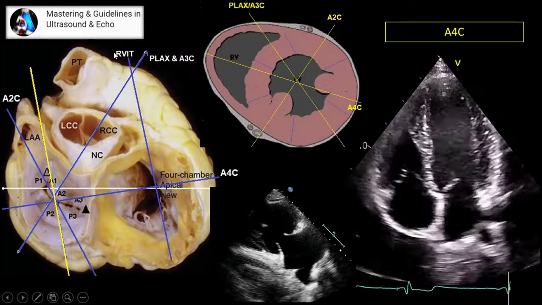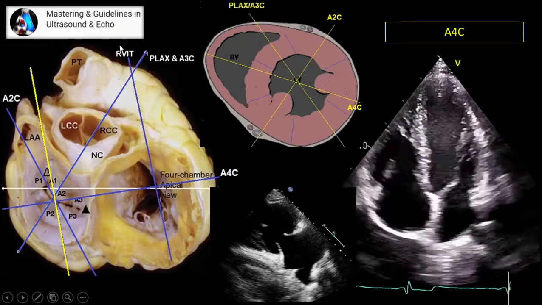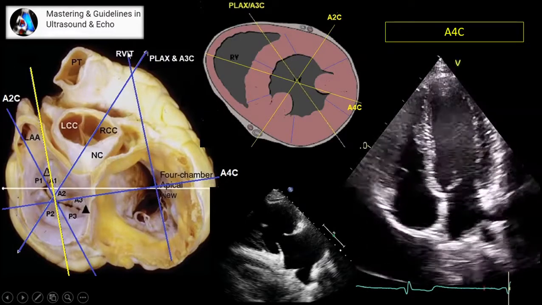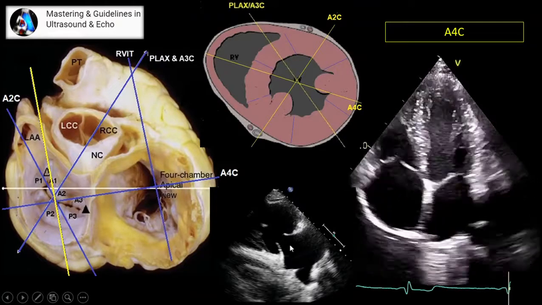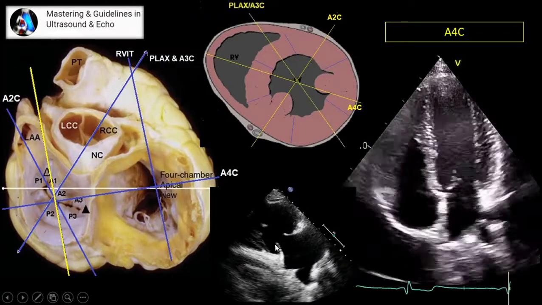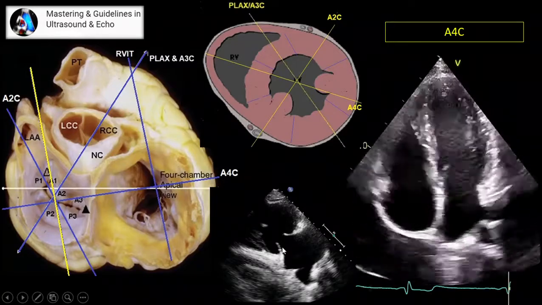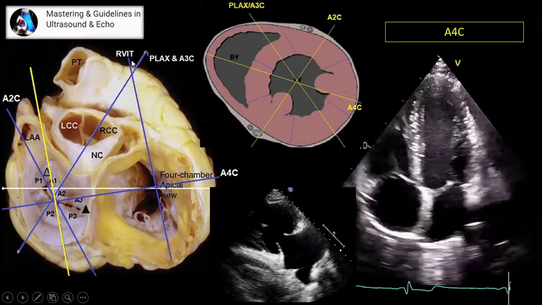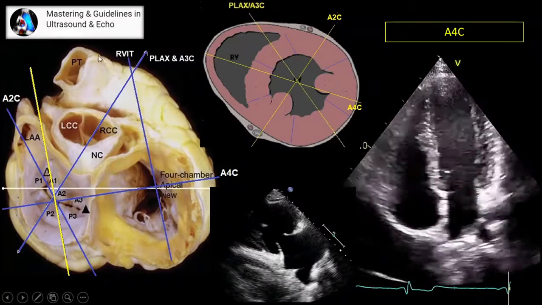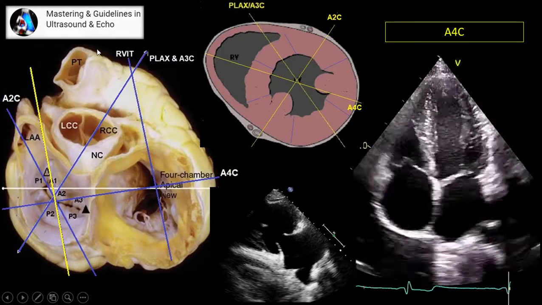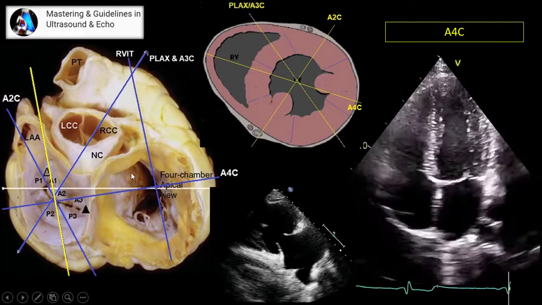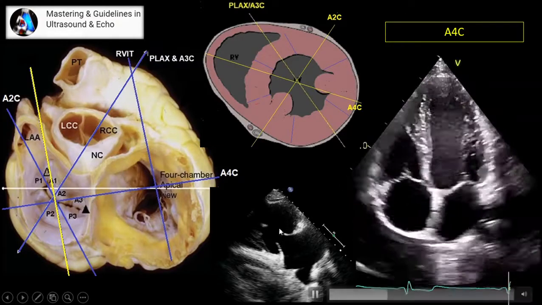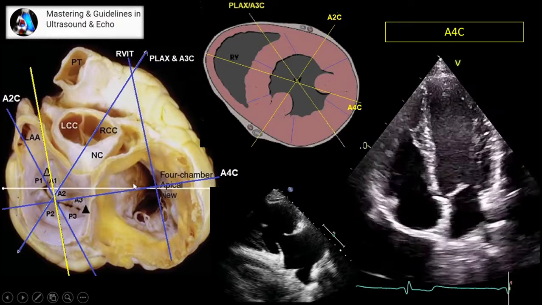Usually, if we are in the right spot, if we just fan our probe toward the left hip of the patient, the posterior one will be the posterior tricuspid valve leaflet. But imagine if your probe is a little to the lateral of the patient and then tilting, the anterior one, this one, will be septal.